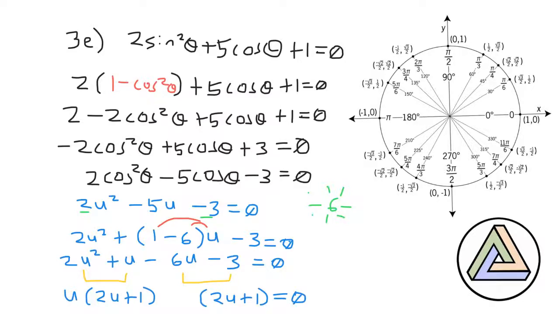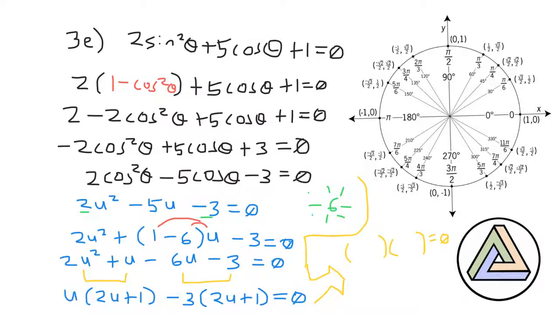And the question is, what times 2u gives me a negative 6u? Well, that would be a negative 3, right? And you can also double check. Negative 3 times positive 1 gives you this negative 3. That's a really good sign. Now, whenever you're using the factoring by grouping stuff, you're going to want to draw two parentheses, set equal to 0.